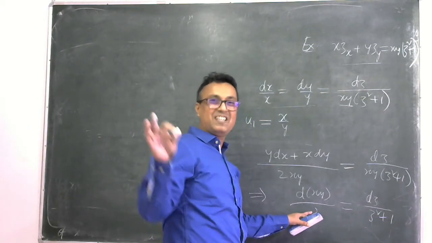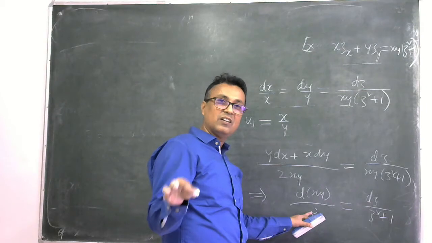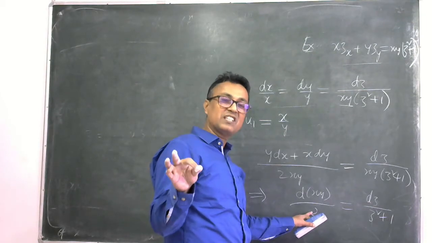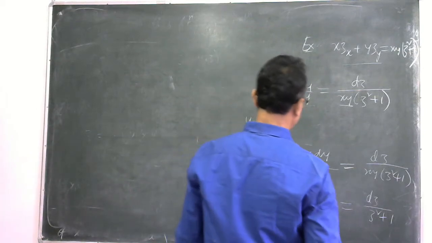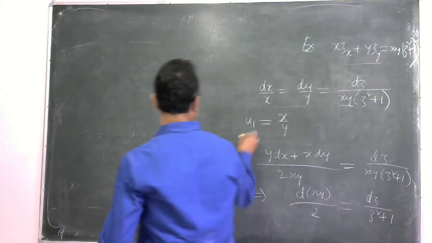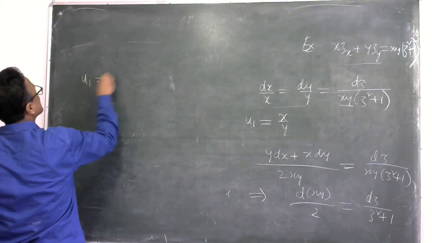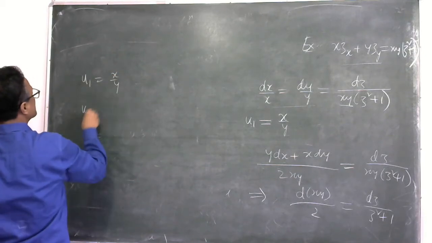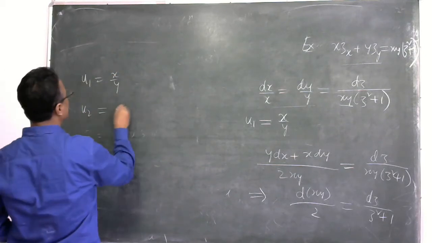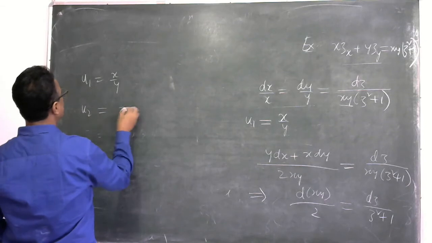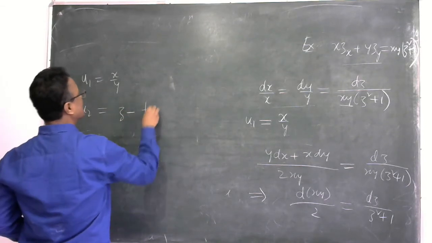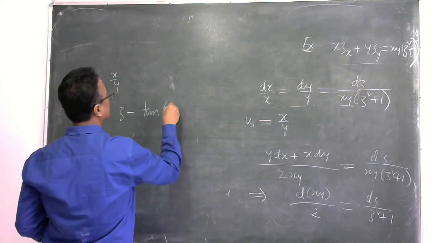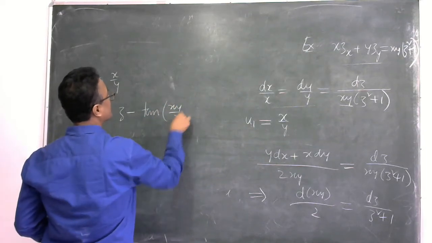I mean, again, how you adjust the constant, it is up to you. Is it okay? So that is why what I can do, like say u1 equal to x by y, u2, I may write it as something like z minus tan xy by 2, right?